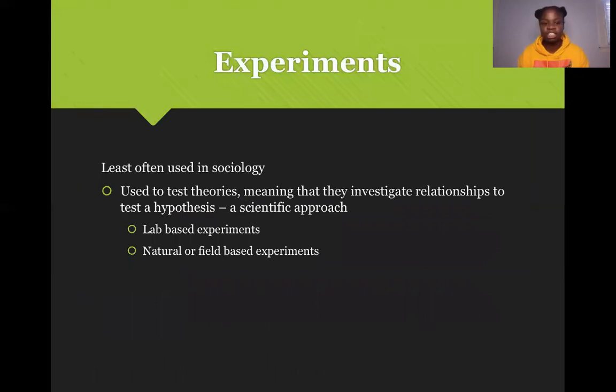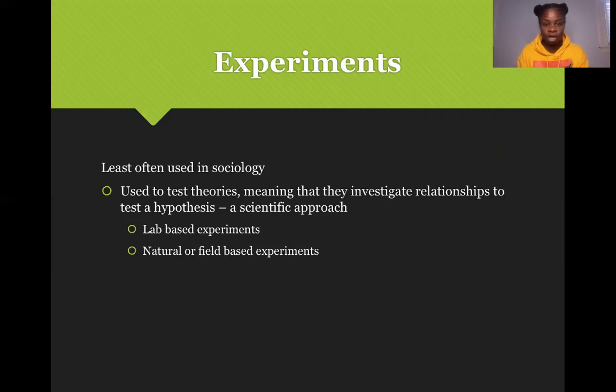Experiments, these are least often used in sociology and for ethical reasons, right? Your book mentions the Stanley Milgram experiment, and I believe on Blackboard, I do give you 2 examples of field experiments, okay?